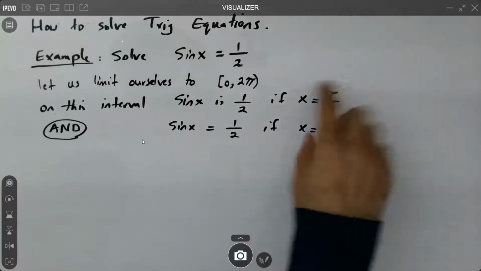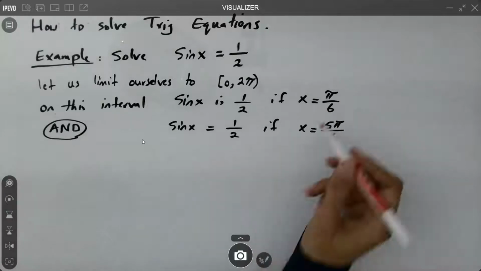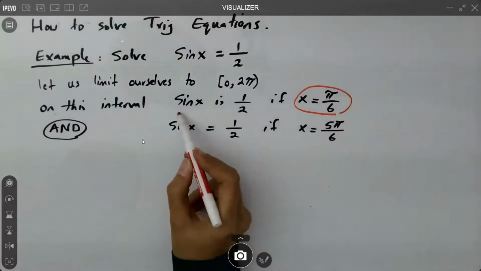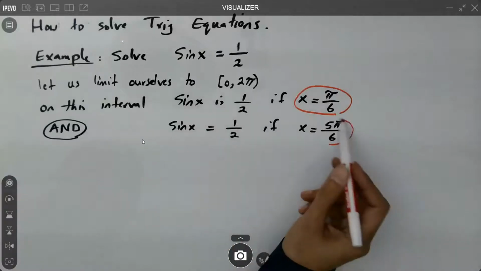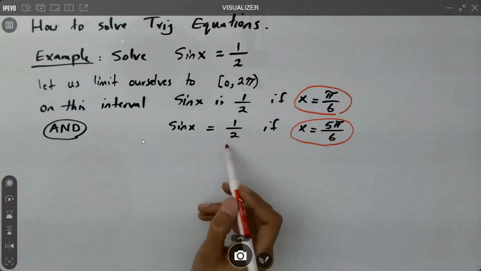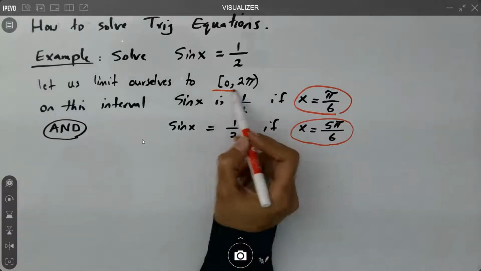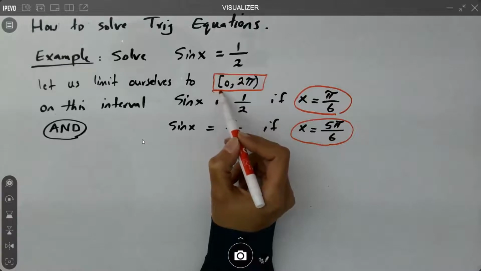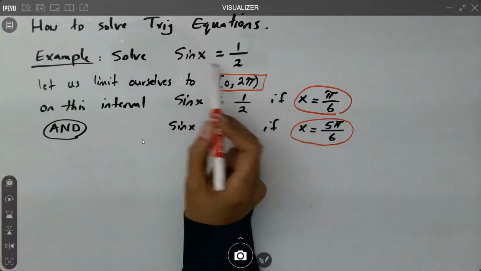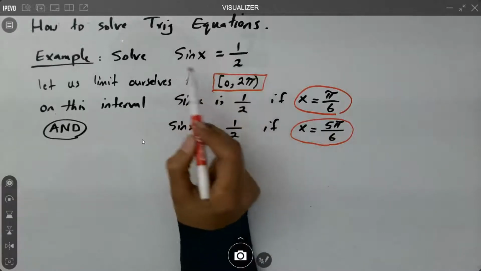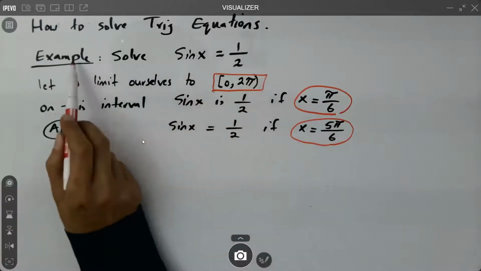Okay, let us go back to our graph. Remember these from the unit circle. When x is pi/6, sine of pi/6 is a half, and when x is equal to 5 pi/6, the sine is also a half. But it is just limited to this interval, one rotation, one period. Remember that we are not limiting the domain of the sine in general in this example.